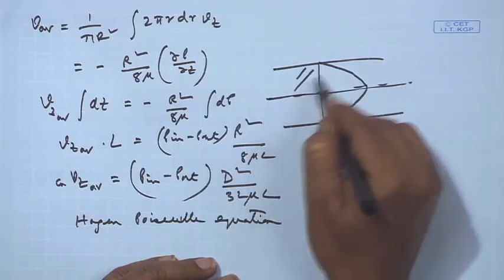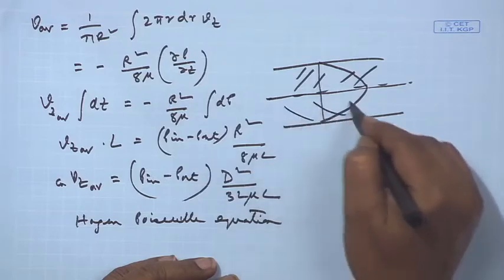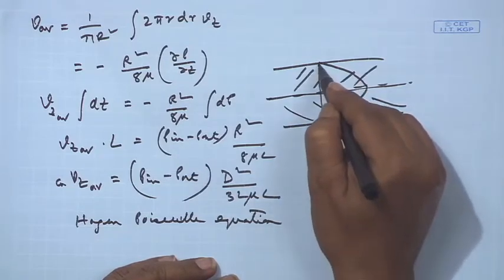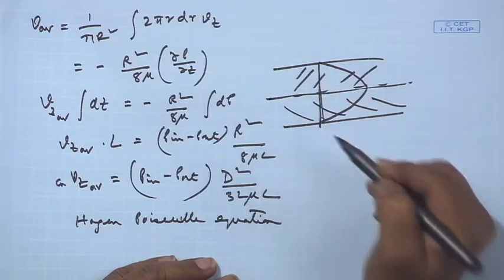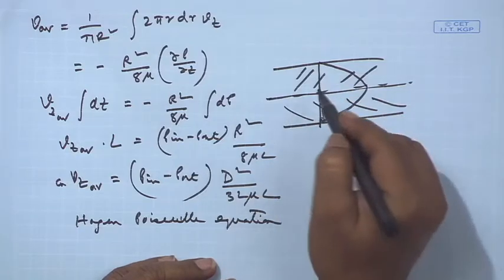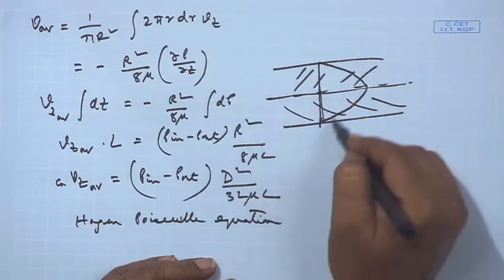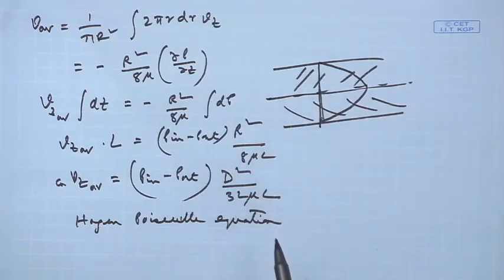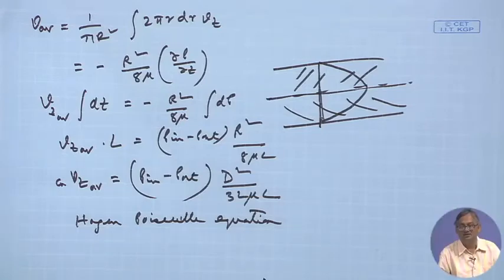In many cases, for a symmetrical problem, if you do half of it, the rest can be assumed to be the same.